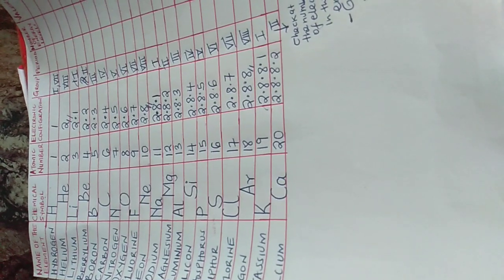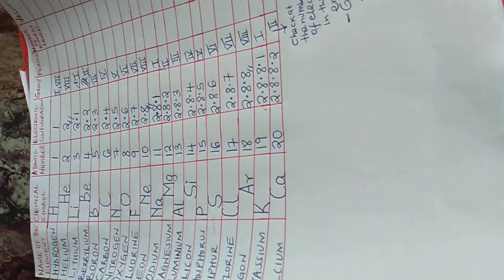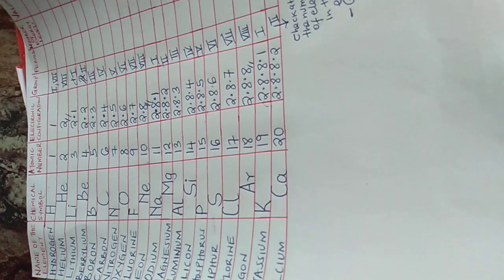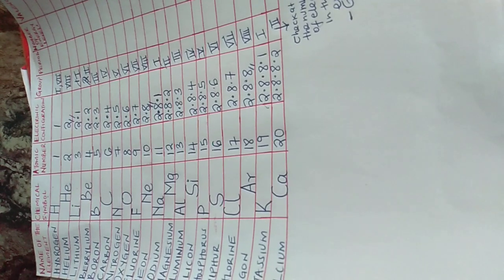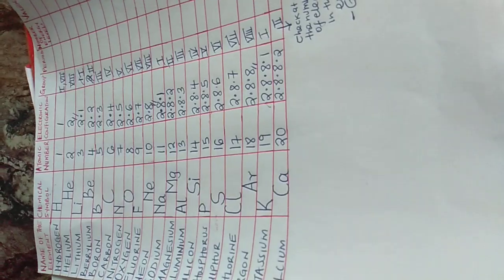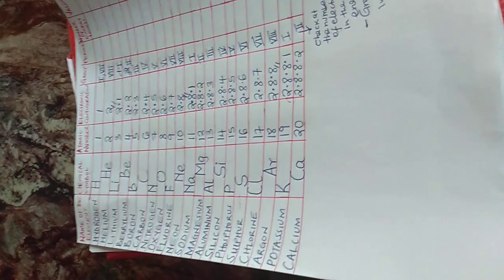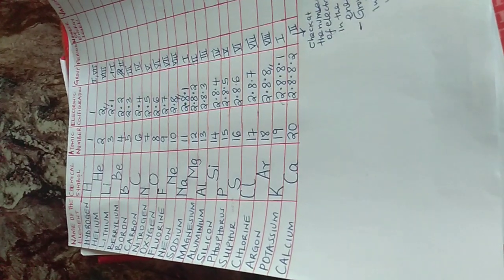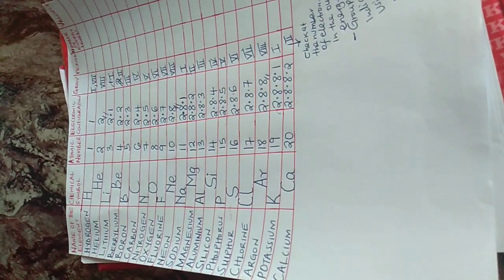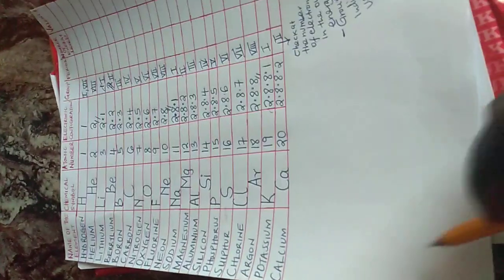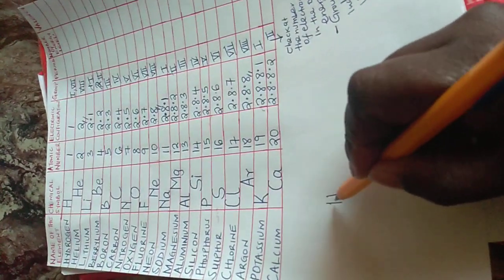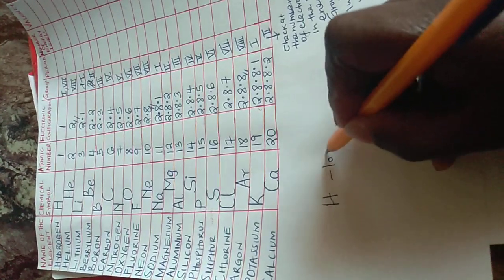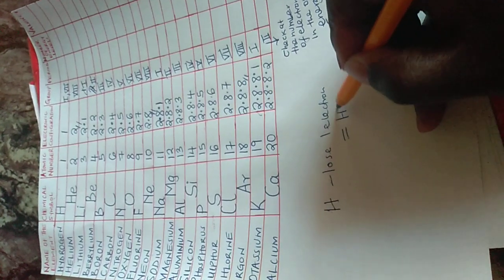So hydrogen can either ikuwe ina lose the only 1 electron iko nayo, na ikisha lose hiyo inakuanga ina behave like metals, because metals behave like a group 1 metal, and group 1 metals react by losing 1 electron. So that time hydrogen ikilose the only 1 electron it has, inakuanga hydrogen proton.